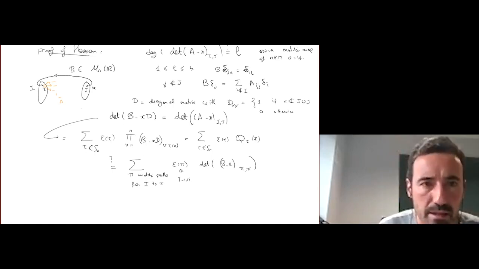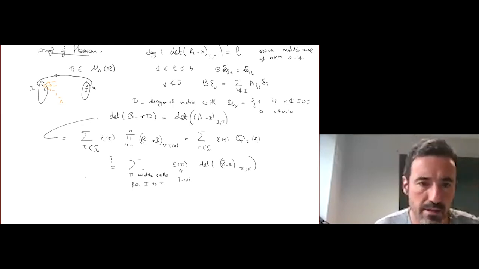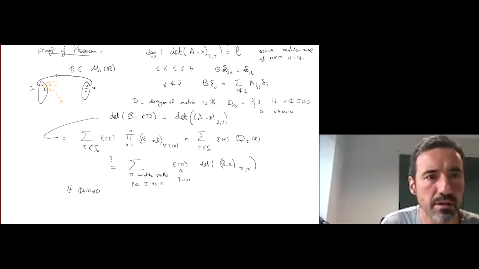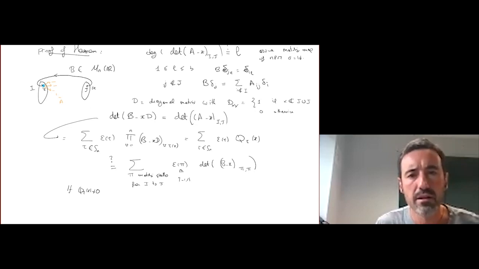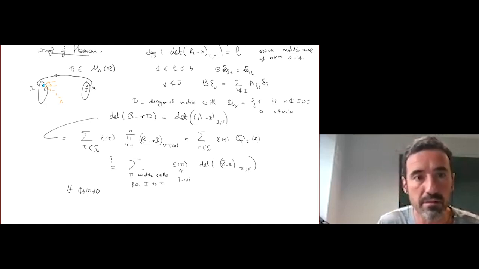Okay, so why is that? You observe that indeed, if Q tau of X is not 0, so if this polynomial is not 0, let's make a picture. Okay, so you take IL, you have to find the tau. If this is not 0, since the diagonal term is 0, tau of V must be one of the neighbors of IL.